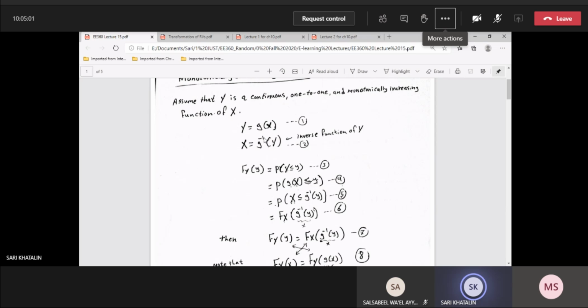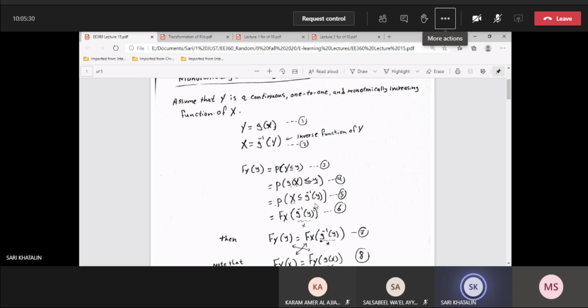Now, again, there's a relationship, as shown in equation 1, between y and x. Then we can replace capital Y in equation 3 with g of x, as shown in equation 1. And also x, which is the random variable x, is less than or equal to the inverse function of y.